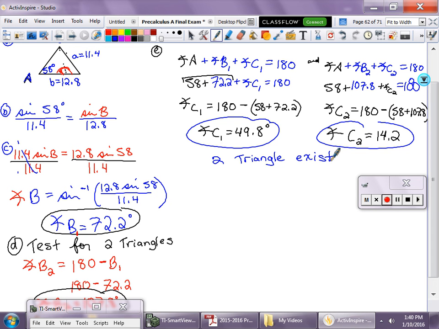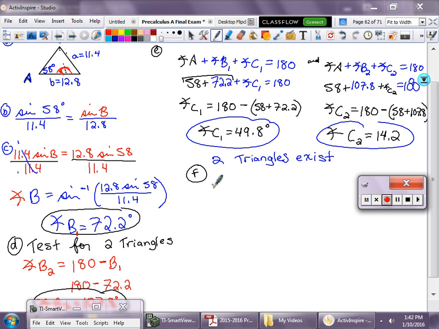we're going to use law of sines to help us with that. Okay, so let's go ahead and find side B, B1. Okay, so we have to find side C, C1, and side C2. And we're going to set up our proportion.